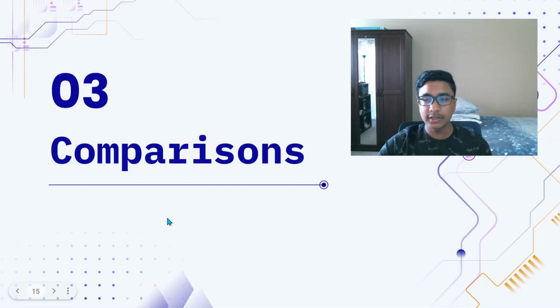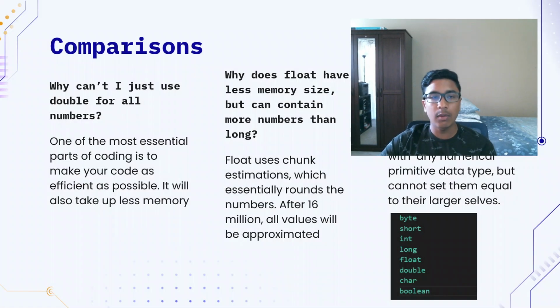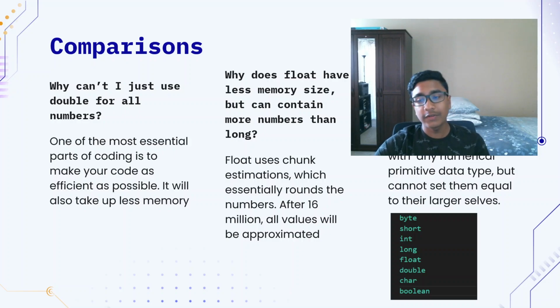Now, let's compare each of these primitive data types. Why can't I just use double for all the numbers? I thought of this question too when I first started Java. One of the most essential parts of coding is to make your code as efficient as possible, and it'll also take up less memory. When we try to create large code, it'll take up a lot of memory space.